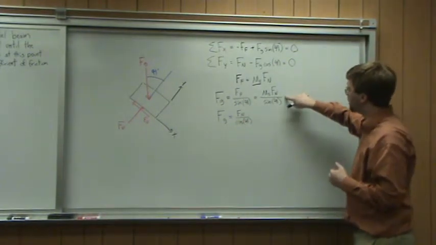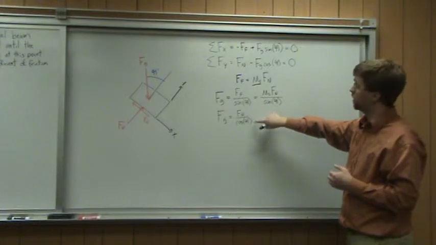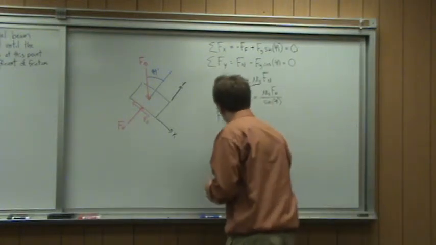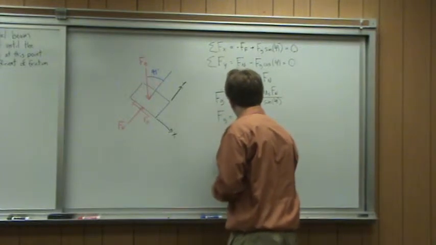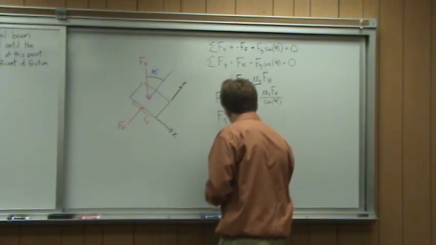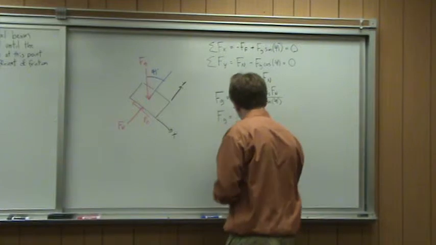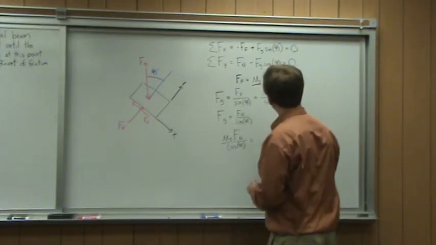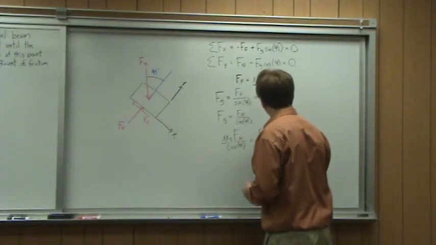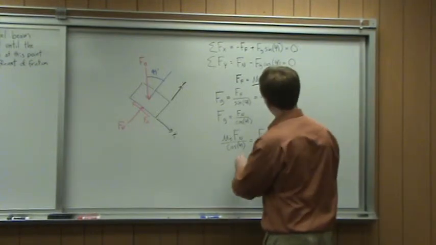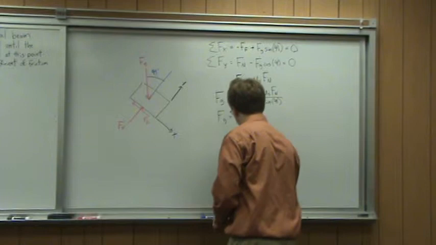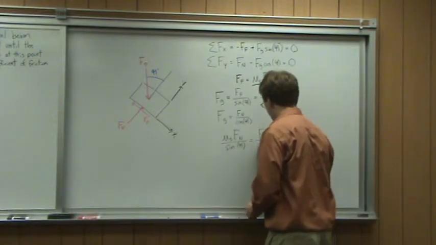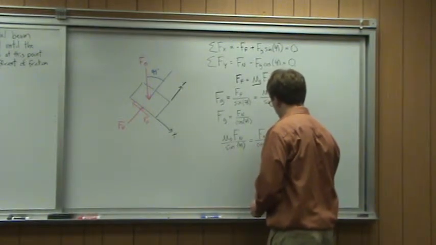And so I can set these equal to one another. That gives me mu static times Fn over sine of 41 is equal to Fn over the cosine of 41.